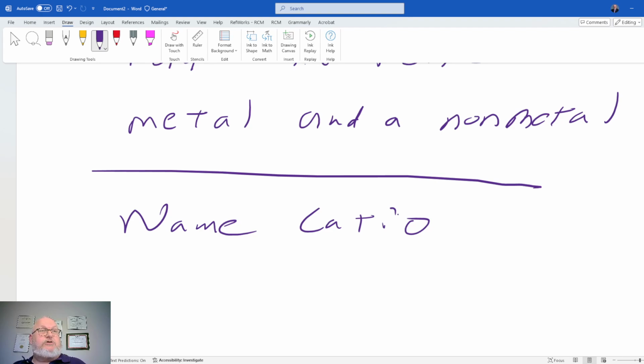Group 1 is going to be a +1. Group 2 is going to be a +2. Group 13 is going to be a +3, usually. The ones in the middle may not be that simple. There may be two to three forms of what those charges are. And for those, we use a Roman numeral, which I think is sort of easy because then that tells you what the charge is of that element.